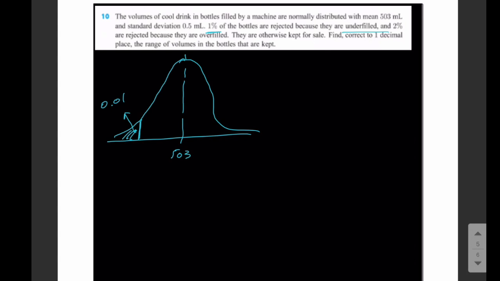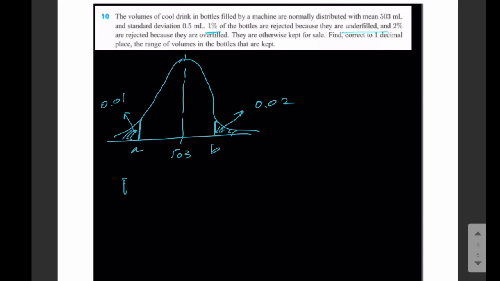I'm going to call this A. And then 2% is rejected because they're overfilled. So here I have B, and this is 2%, so 0.02. So we need to find A and B.